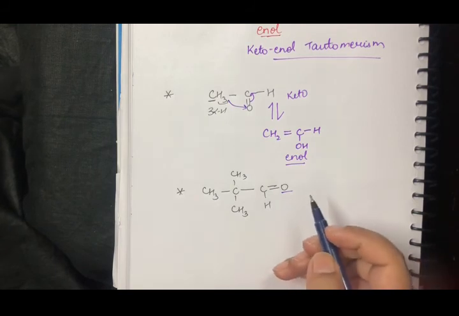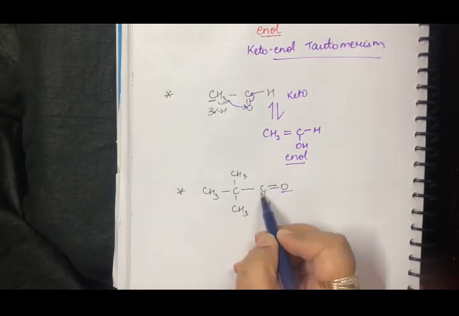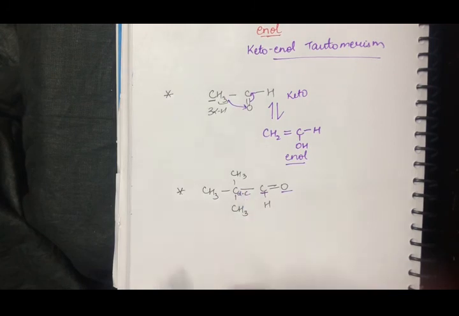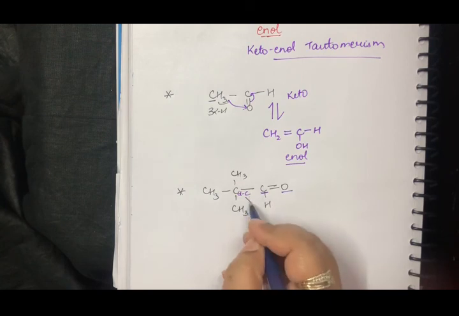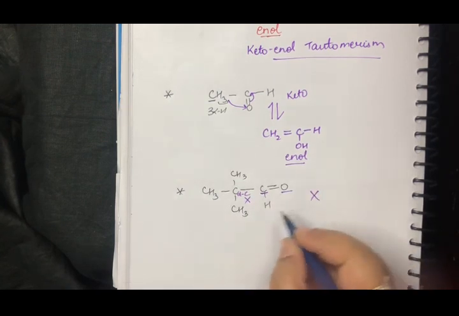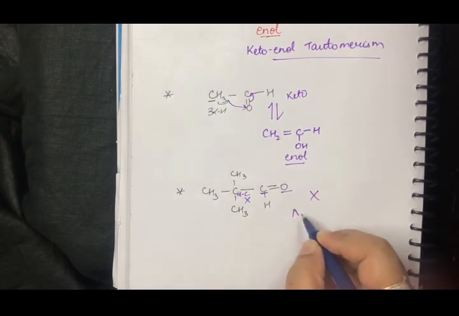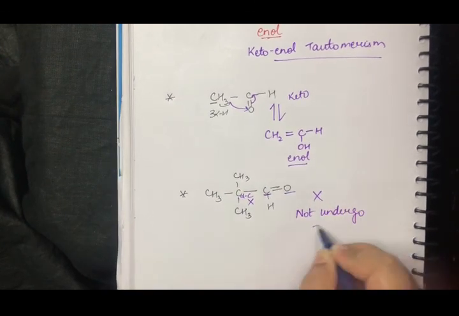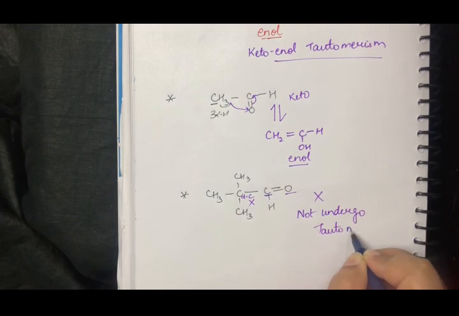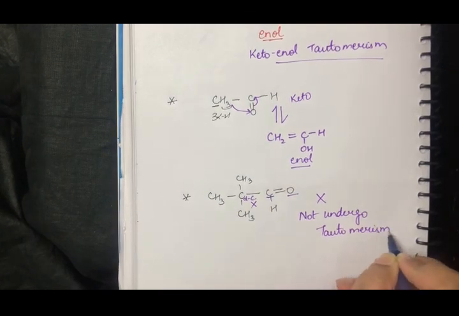The second condition is alpha hydrogens. This is my carbon and this is my alpha carbon. Is this alpha carbon having any alpha hydrogens? No. So this particular compound will not undergo tautomerism. I hope the concept of tautomerism is clear.